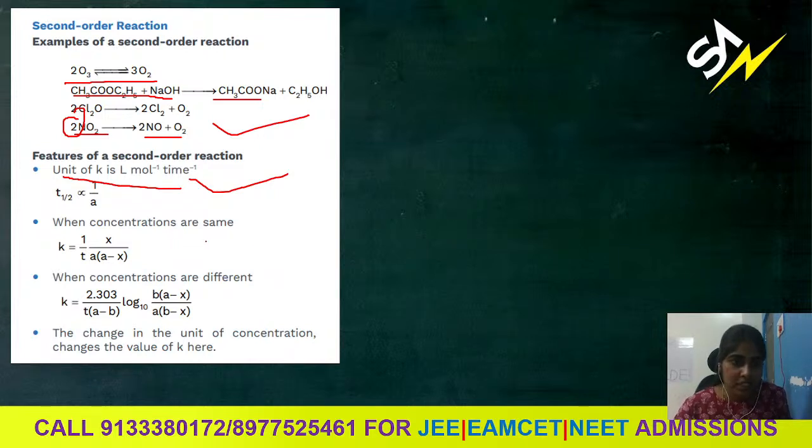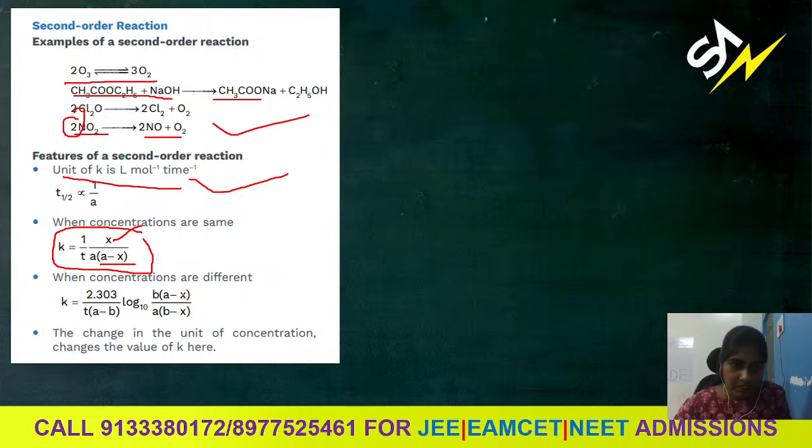When the concentrations are the same, the rate equation is given in this way: K is equal to 1 by T times x by A of A minus x, where x is the change in the concentration in the time limit.